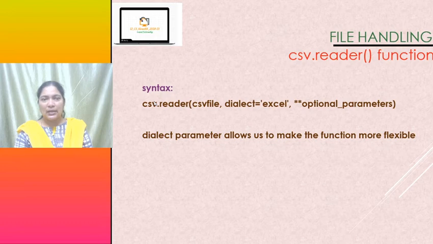Sometimes every field may be enclosed in inverted commas. Instead of defining for every file how the fields are enclosed or separated in every row, we can prepare a dialect. That also I will show you in the coming slides.